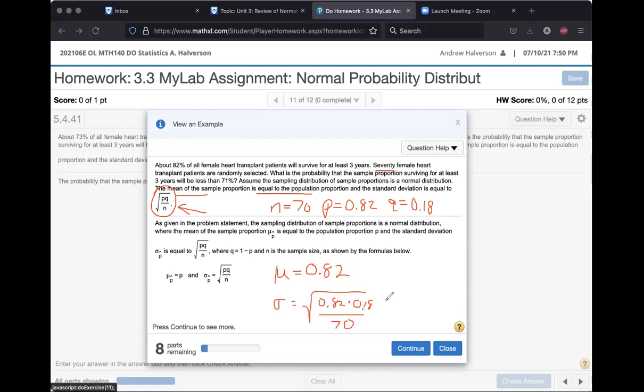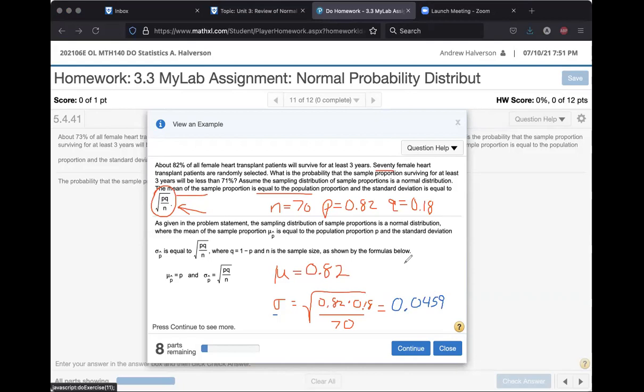I'm going to do that calculation. I encourage you to give that a try too. Okay, so I took a few moments and I did this calculation and I got the value of 0.0459. I'm going to round it out to 4 decimal spots. That's the standard deviation.